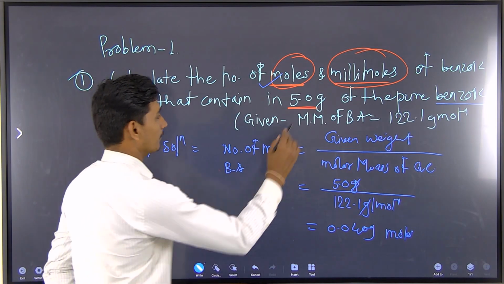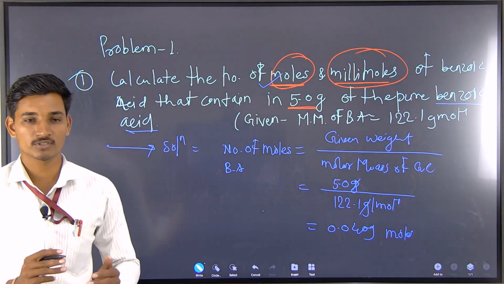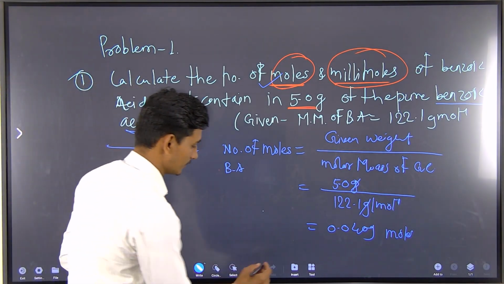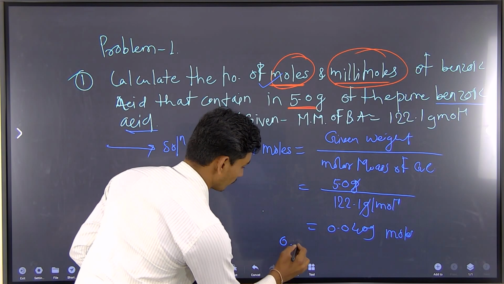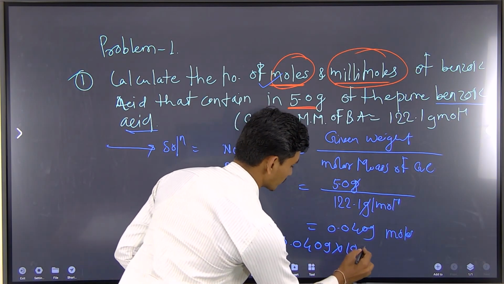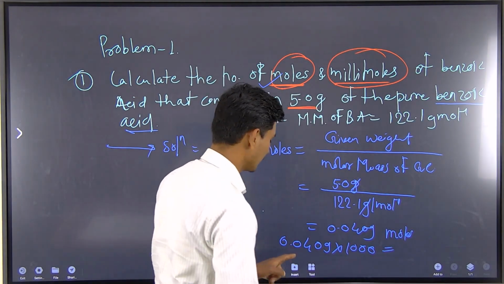Then next is the millimoles. How to find the millimoles? The conversion of moles to millimoles is very simple. Take this answer of the moles, 0.0409, and multiply by 1000. Then we get the amount in millimoles.